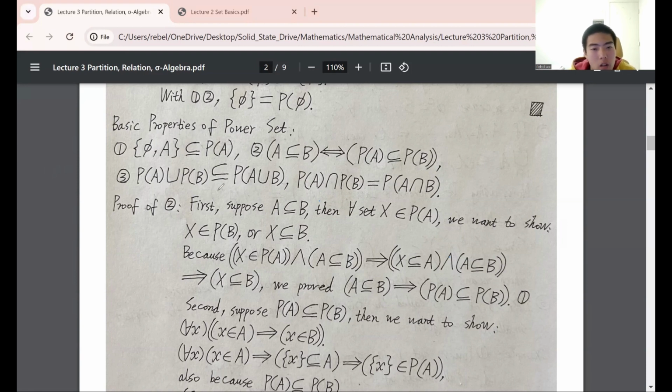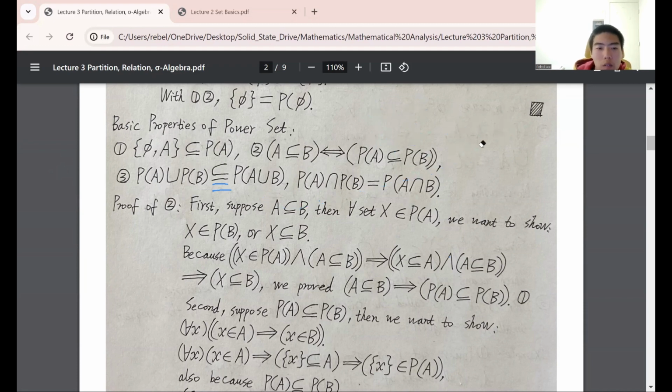Remember, this is not equal, because if you consider a counterexample, say A is {1, 2} and B is {2, 3}, then the union of the power sets doesn't contain the set {1, 2, 3}, because it's at most {1, 2} and {2, 3}. But this set contains it, so it's not equal, it's just a subset of it.